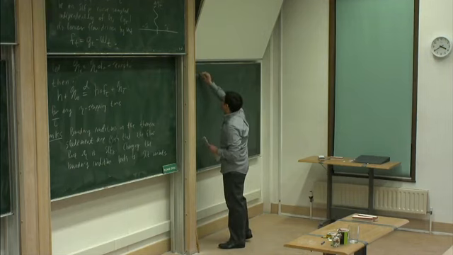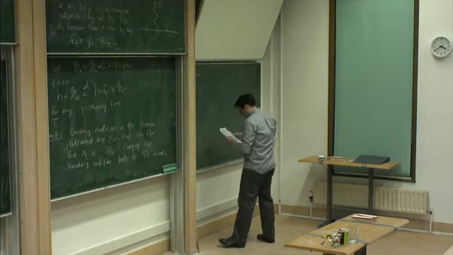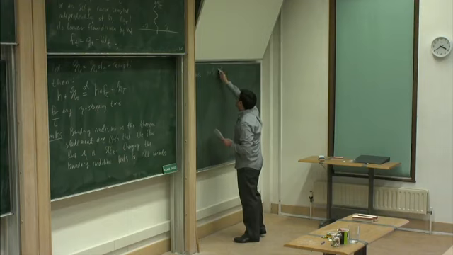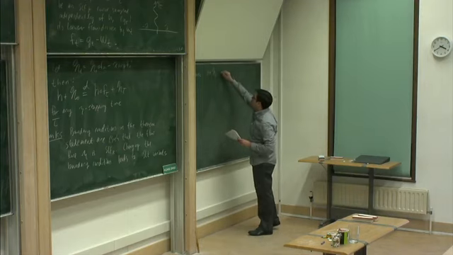So what do we know? We know that here, h plus h0 is a Gaussian field.